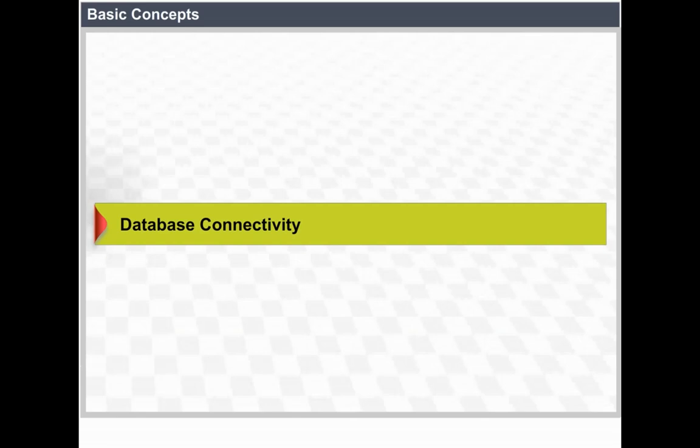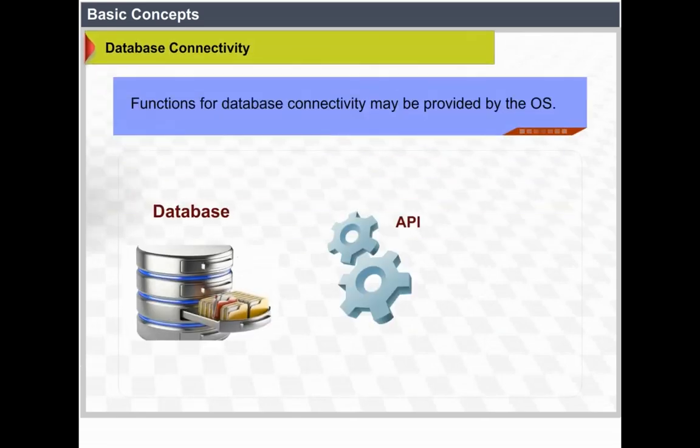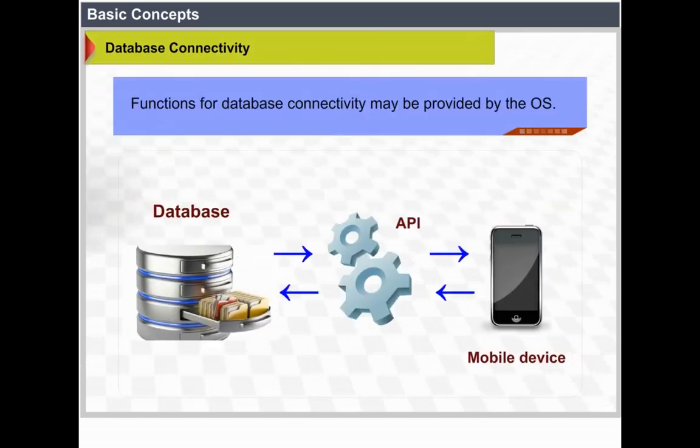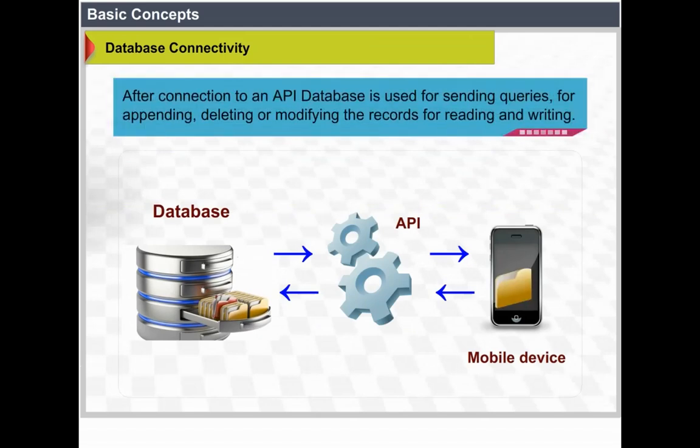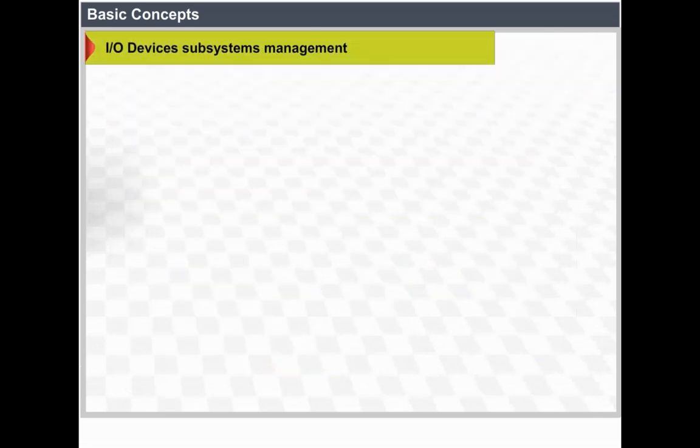Database connectivity. Functions for database connectivity may be provided by the OS. Database, after connection to an API, is used for sending queries, for appending, deleting, or modifying the records, for reading and writing. I/O devices subsystems management.